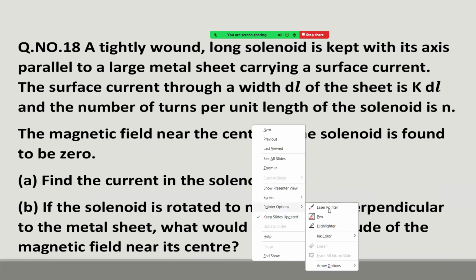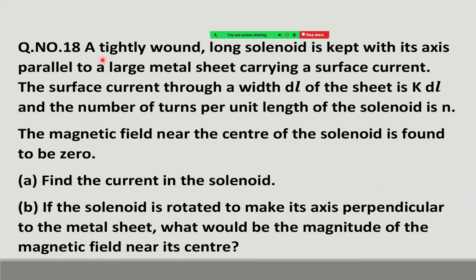Let's see the question given. A tightly wound long solenoid is kept with its axis parallel to a large metal sheet carrying a surface current. Condition is long solenoid is kept with its axis parallel to a large metal sheet. Surface current through a width dl of the sheet is K into dl, right?